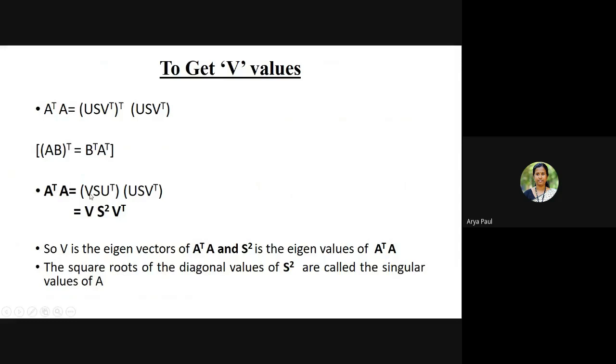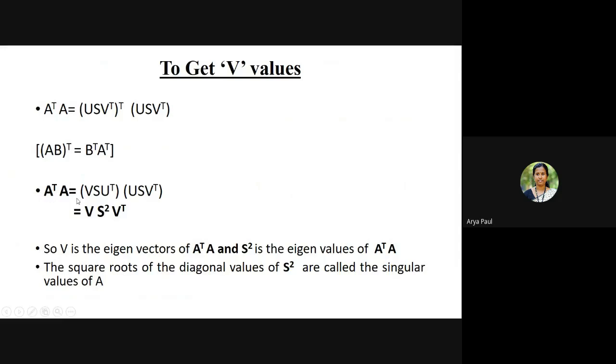So here you can write V into S, and there are two S terms, so S square. U transpose into U reduces to I, so no need to write that. Then V transpose is pending. So V into S square into V transpose. Ultimately you get A transpose into A is equal to V into S square into V transpose.